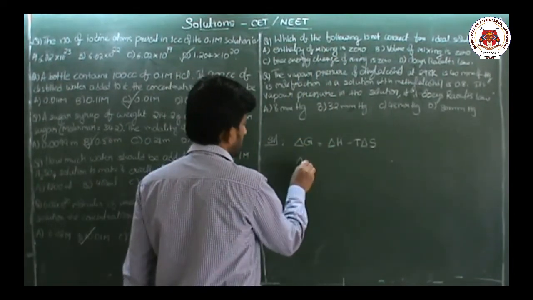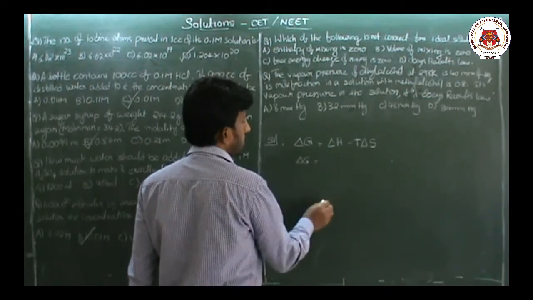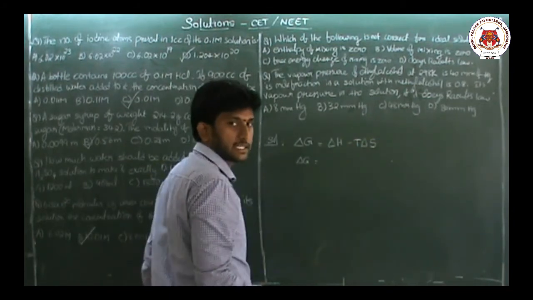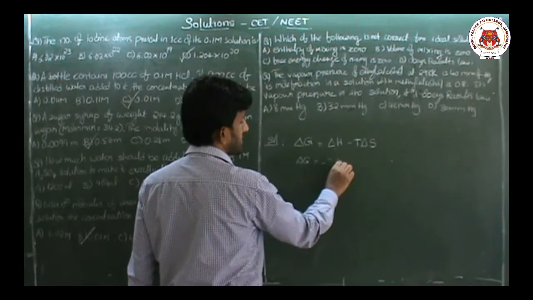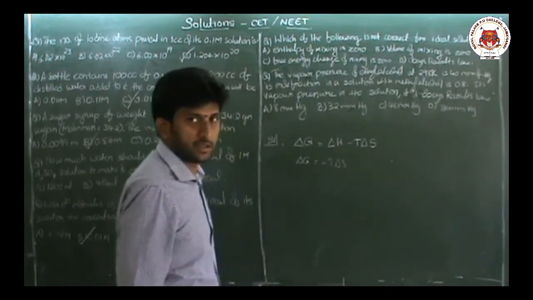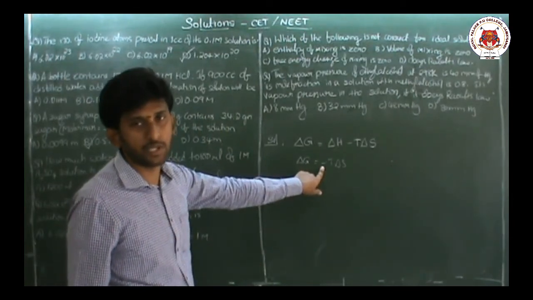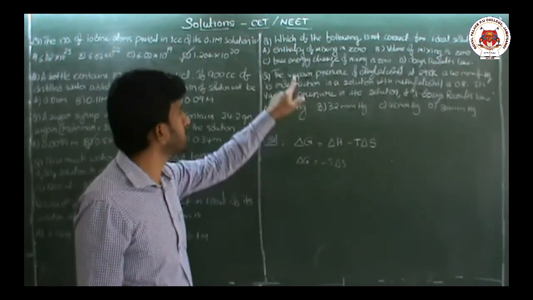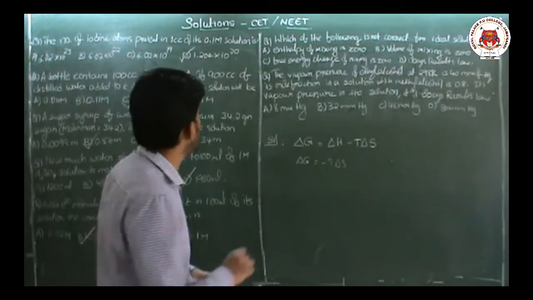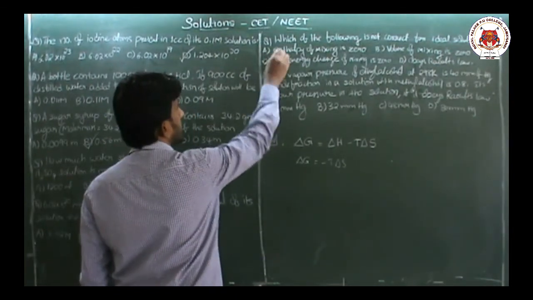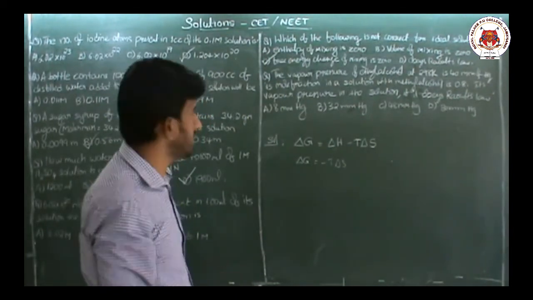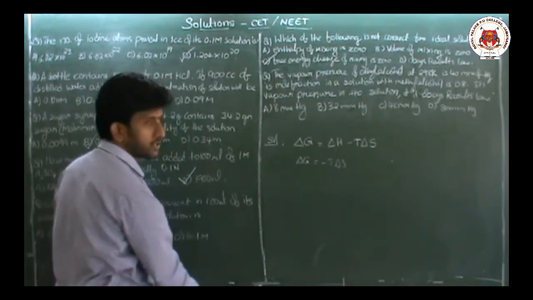That means delta G is equal to 0 minus T delta S, which is nothing but minus T delta S. So delta G must be negative, not 0. It is not 0, so this is not a correct condition for ideal solution.